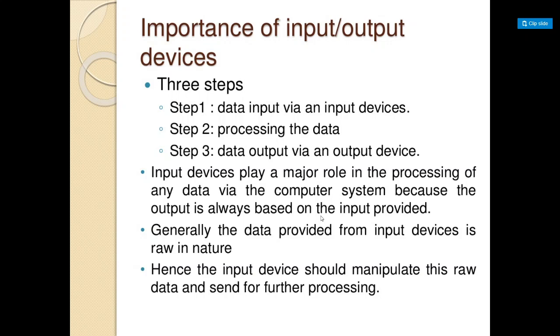If you put garbage into the system, you only get garbage, it won't be turned into useful material. So you have to be very careful while giving the data or when you input the data. An input device should manipulate this raw data and send it for further processing.